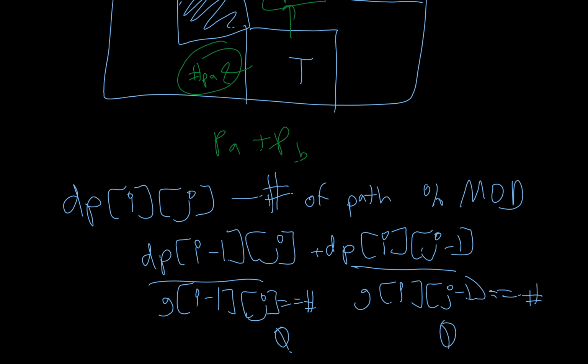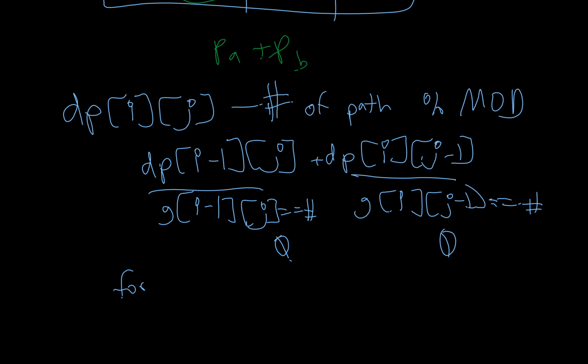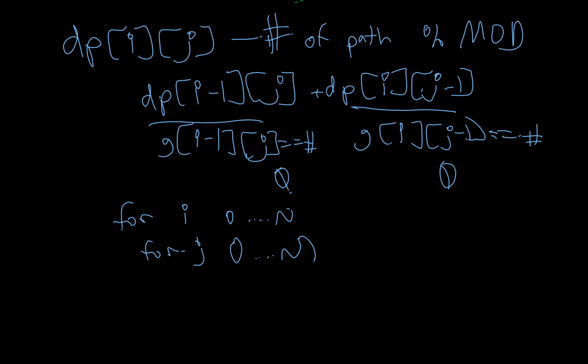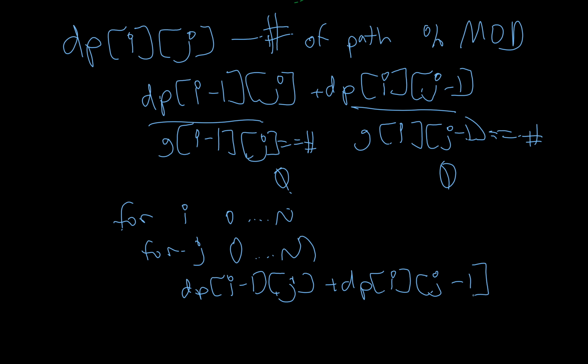And that's it. So all we have to do is loop over i, j, for i from 0 to n, for j from 0 to m. We just do dp of i minus 1, j plus dp of i, j minus 1.